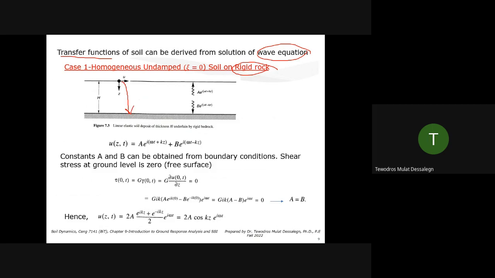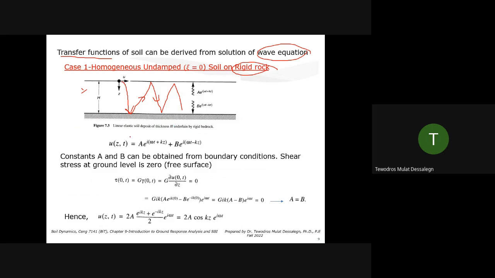This is rigid. If it's rigid, then it's going back, right? But in our simplest case, let's assume the rigid case, the rock doesn't have any damping and the wave is reflecting back and forth. So you expect some kind of energy trapped. So let's forget that for now. Let's assume in the simple case, no damping even in the soil, no damping in the rock because it's rigid.